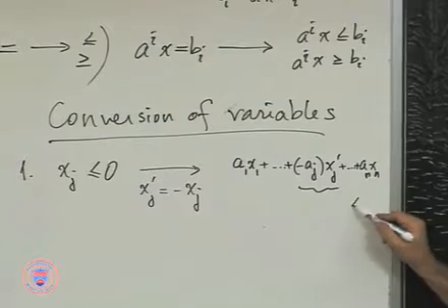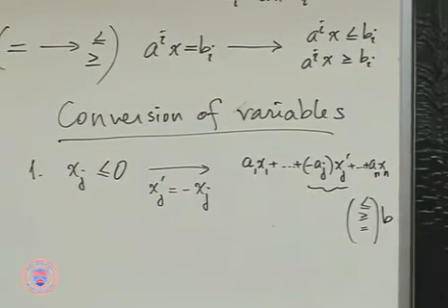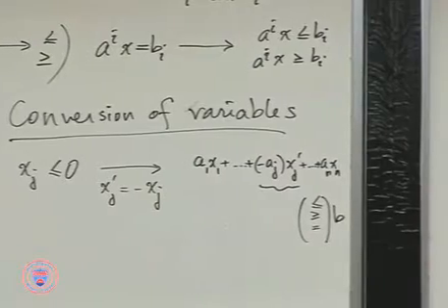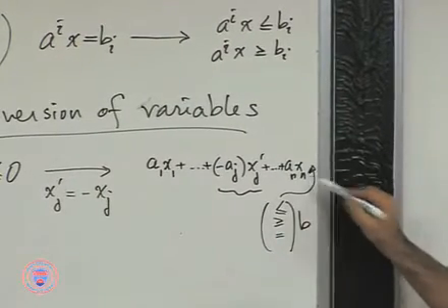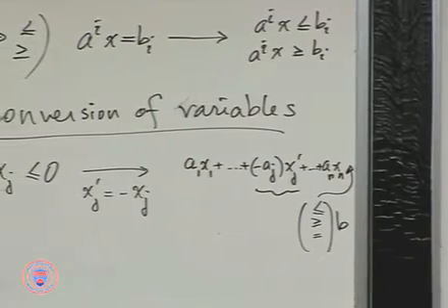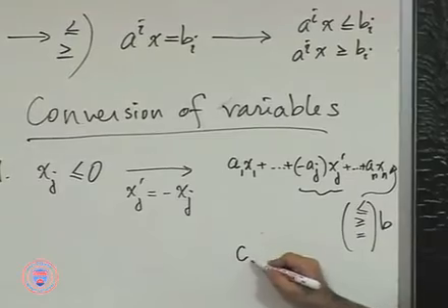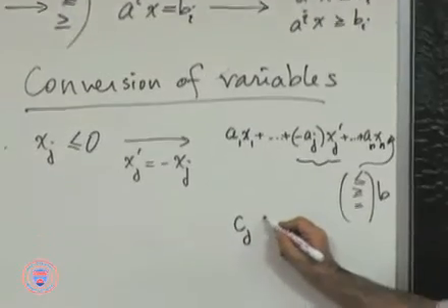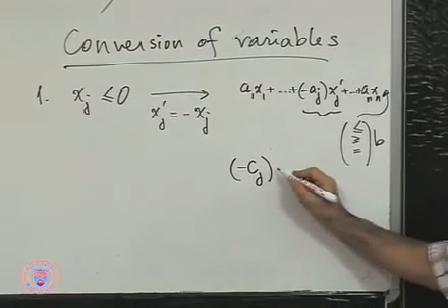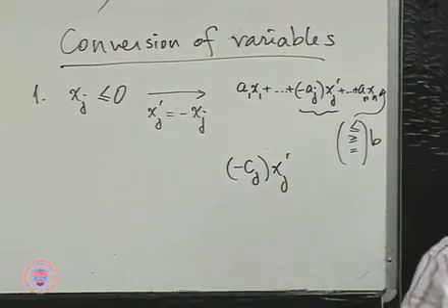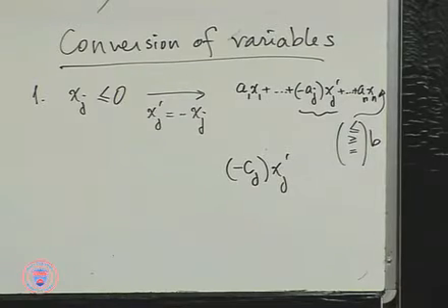And then, of course, the right-hand side could be any of these things: equal to, less than or equal to, or greater than or equal to b. Okay? I don't have space, but this goes here, of course. By the way, in the objective function, if you have a cost Cj for xj, now you replace that with negative Cj, so that the cost in front of xj prime is the negative of the old cost.